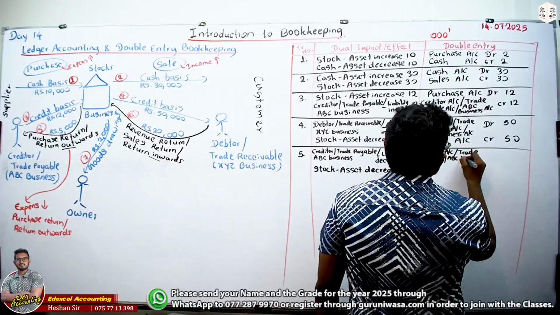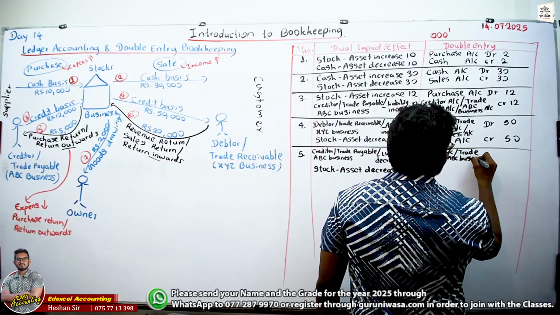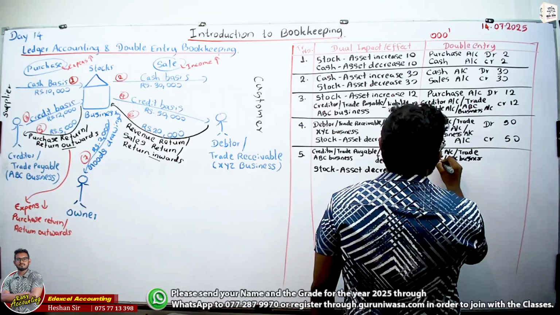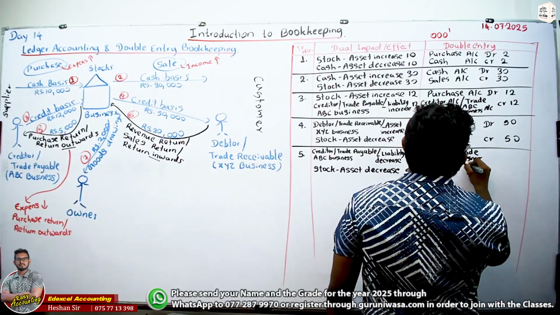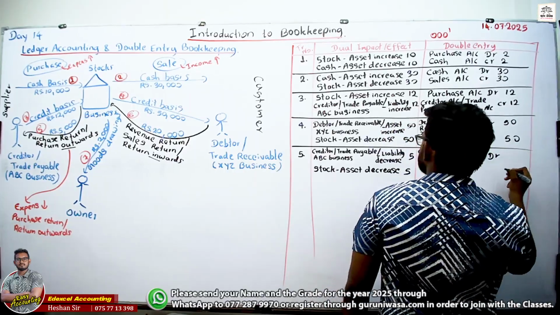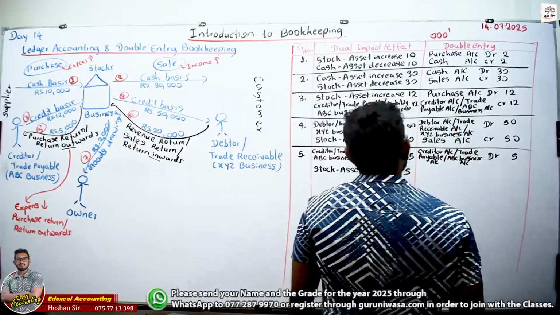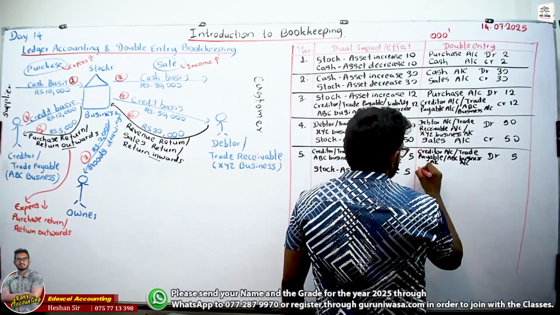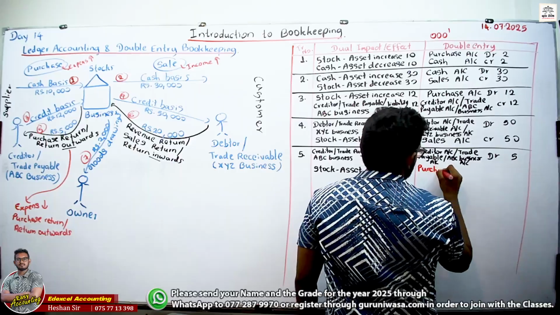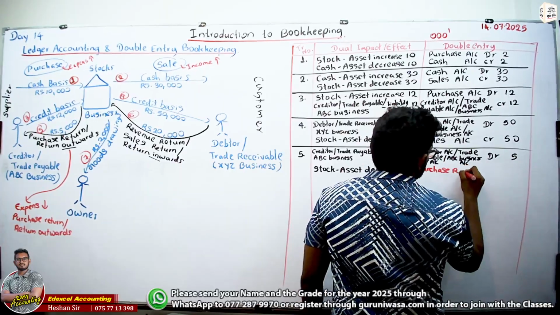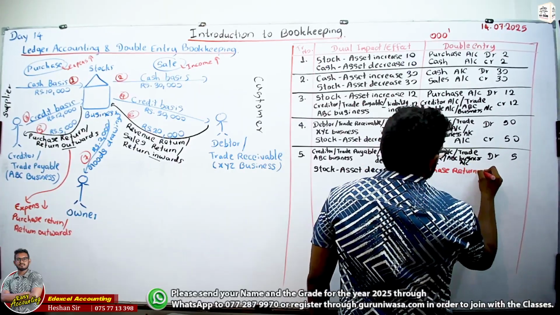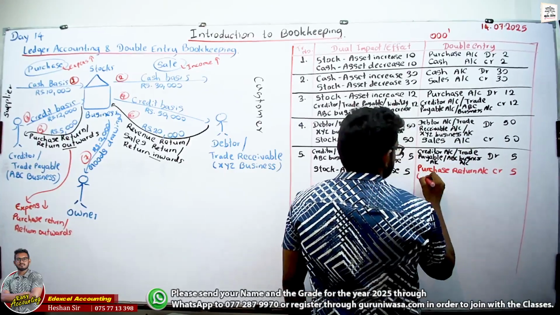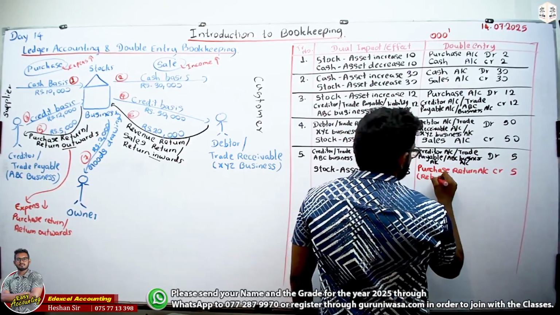ABC business, trade payable account or ABC business account, debit rupees 5,000. Credit entry is purchase return account, credit. Another word, return outwards account.